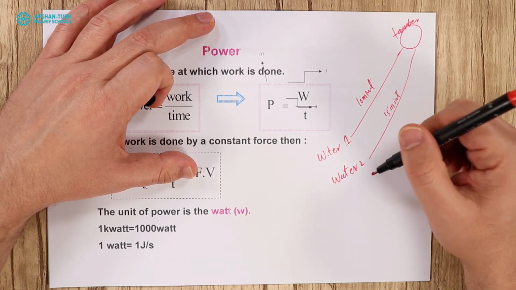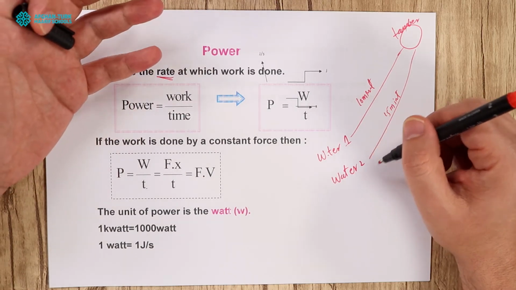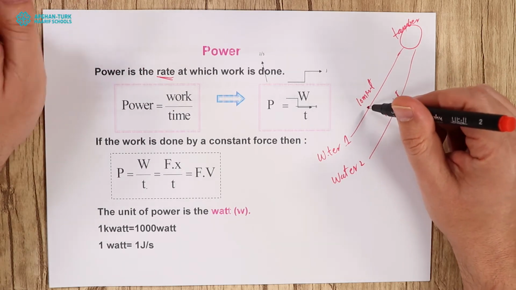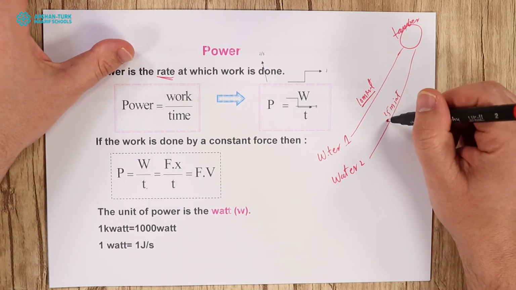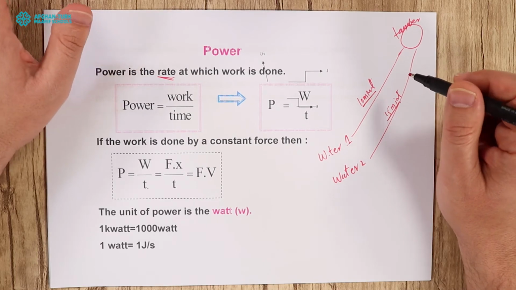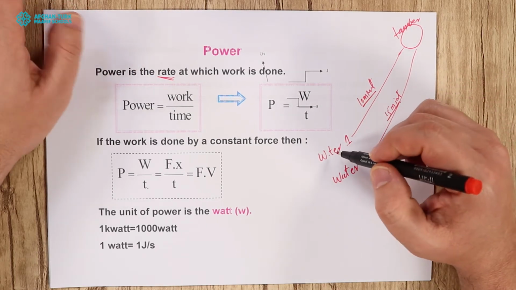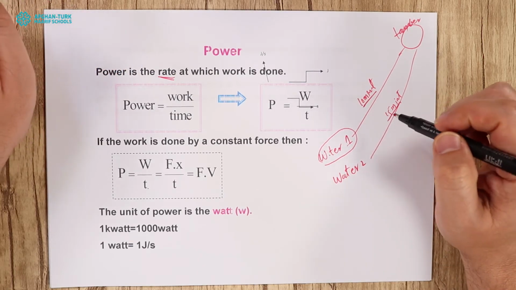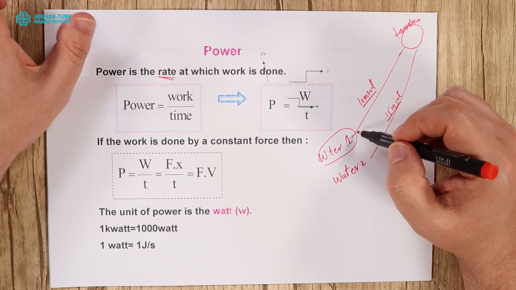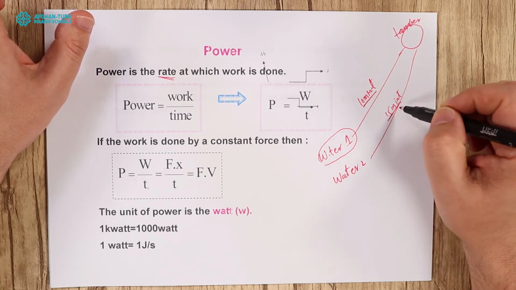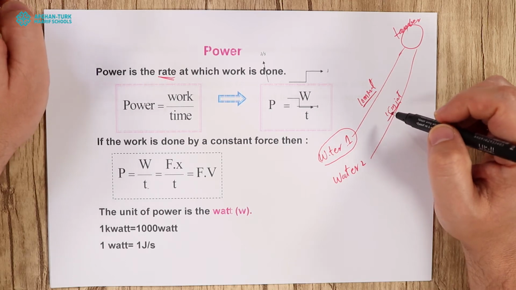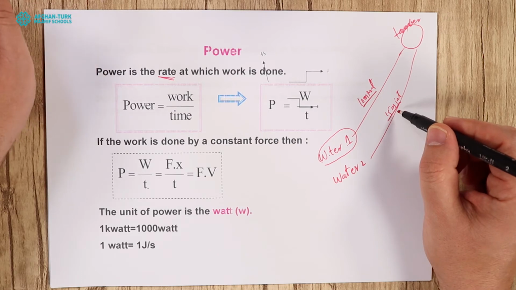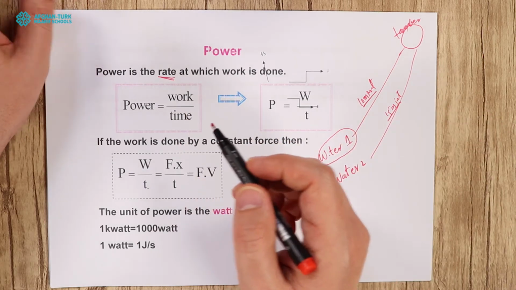Both have the same electricity and the same displacement, but the first finishes the work in 10 minutes and the second in 15. So we can say the first water motor has more power than the second one, because it finishes the work more quickly. This is called power.